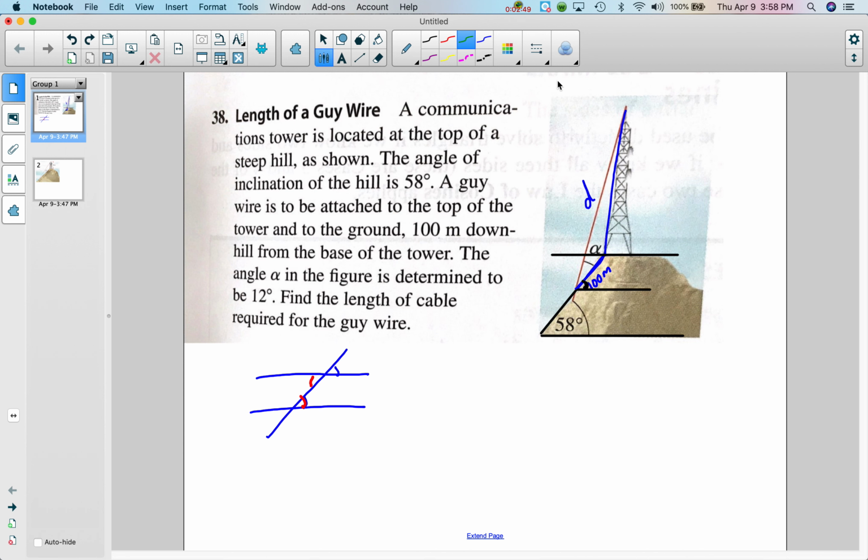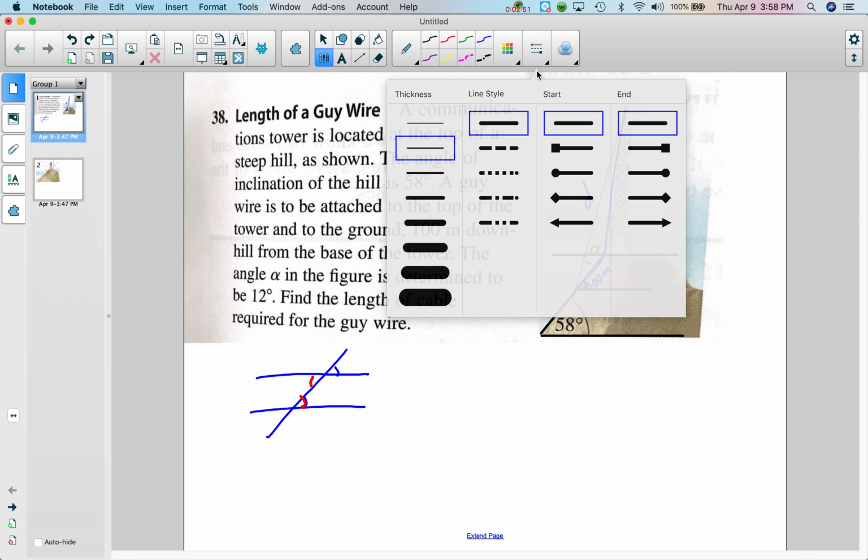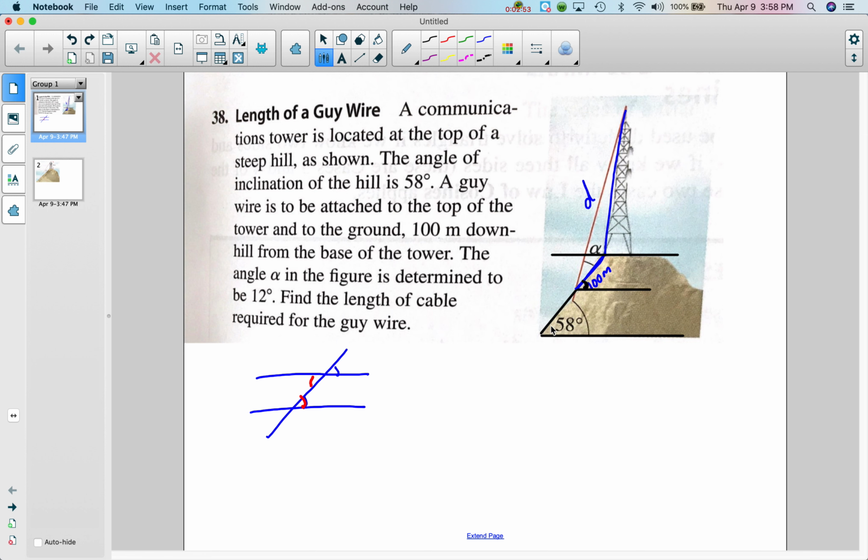So if you look at our figure, that means that this 58-degree angle, or I could use this one up here, is also congruent to this portion right here because those would be alternate interior angles. So this is 58 degrees.